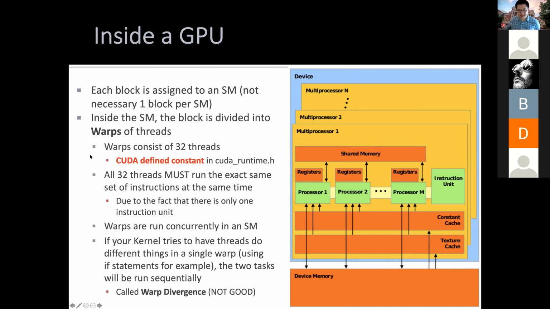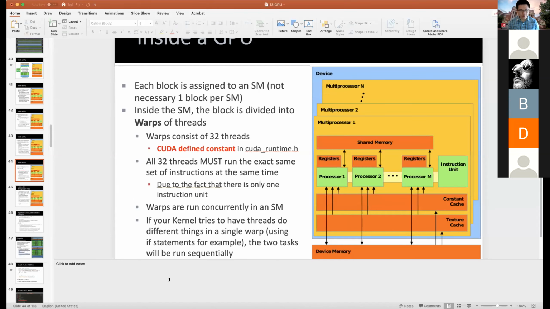Okay, let me try to repeat that. For example, we have 512 threads per thread block. In the future, if I mention block, it's thread block. Totally, we will have 512 divided by 32, which is 16 warps.